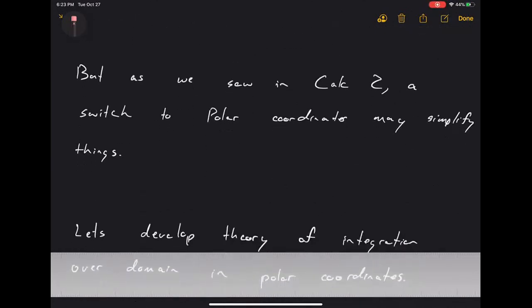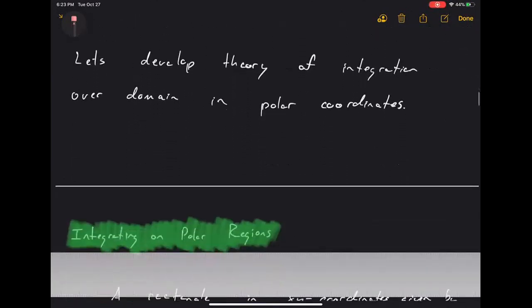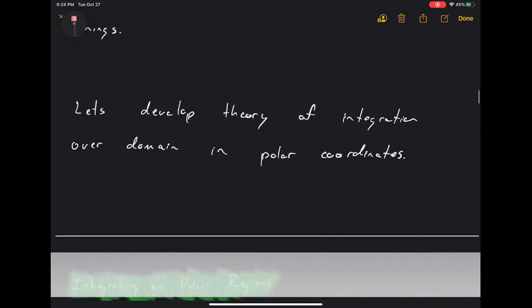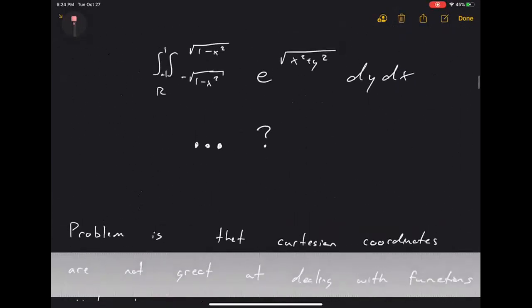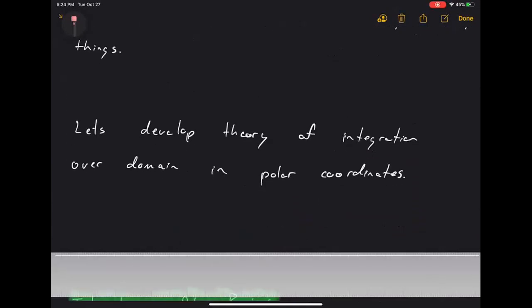And as we learned in Calc 2, polar functions are a good way to overcome these difficulties. So we're going to extend our existing theory of integration, not develop a new one, modifying it a little bit to include functions of polar coordinates. If you need a little review of polar coordinates, my YouTube channel has my Calc 2 lectures from last semester, which include polar coordinates.